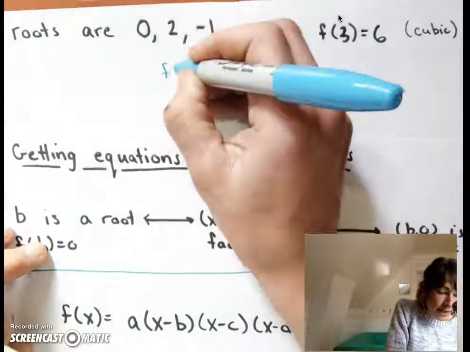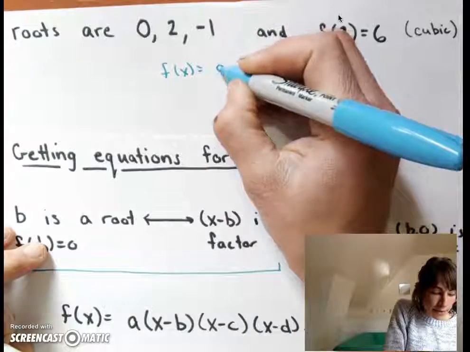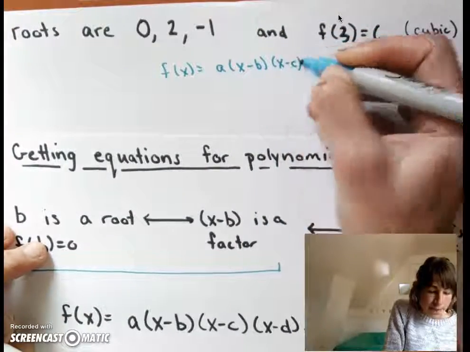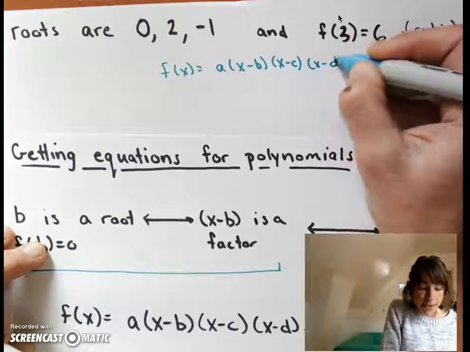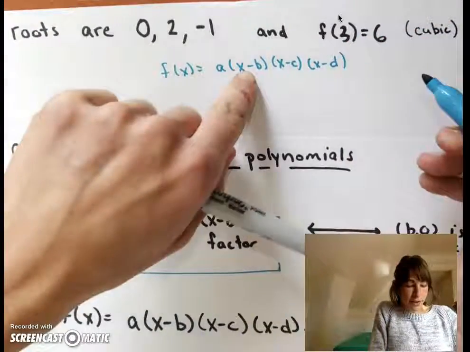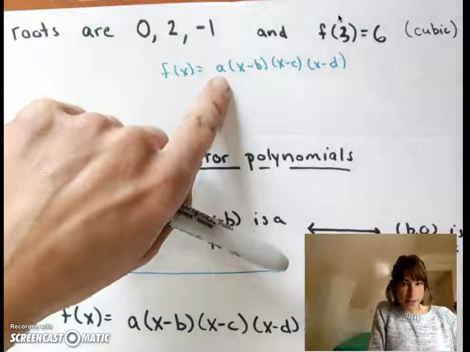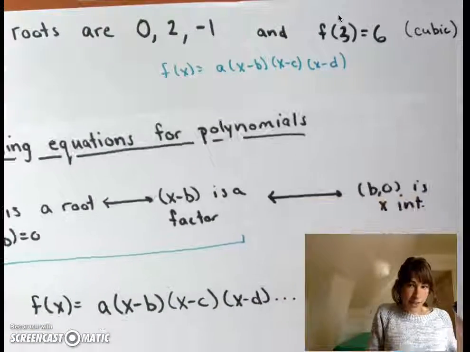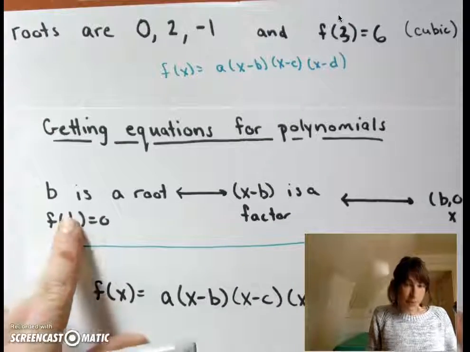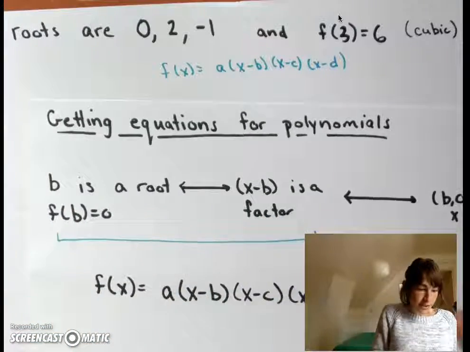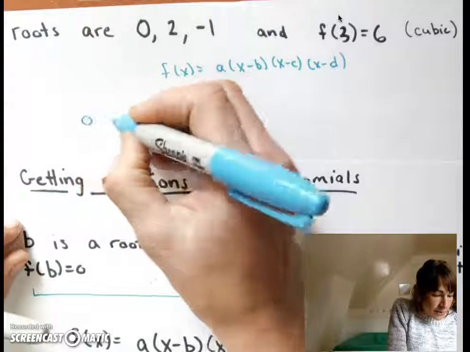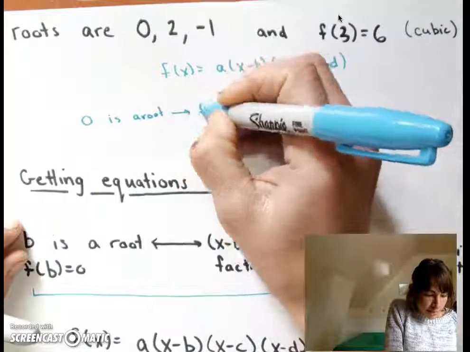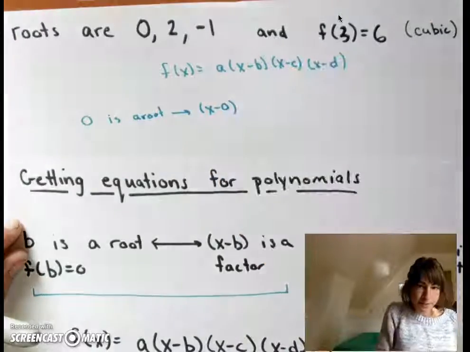So I'm looking to get a function that looks like a times (x minus b) times (x minus c) times (x minus d). So here are the factors, and this is the scaling factor. Now the key here is that if b is a root, x minus b is a factor. So since 0 is a root, x minus 0 is a factor.